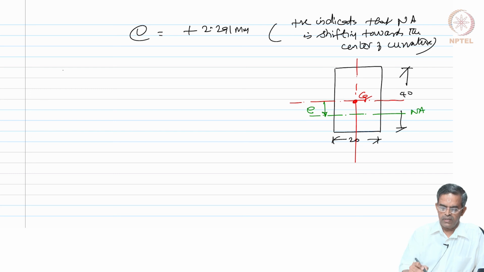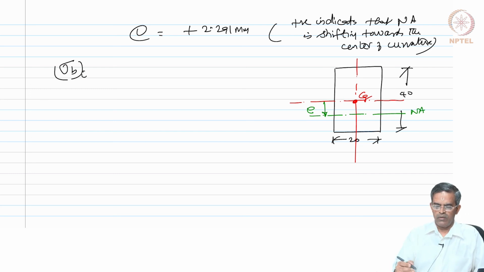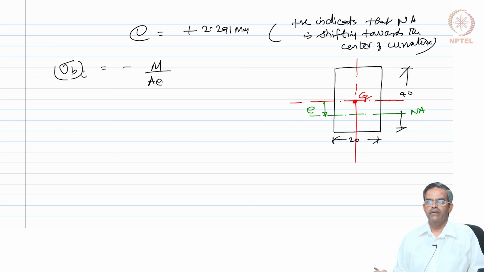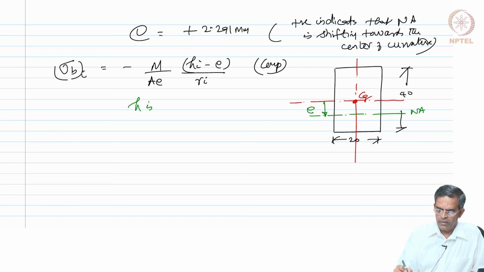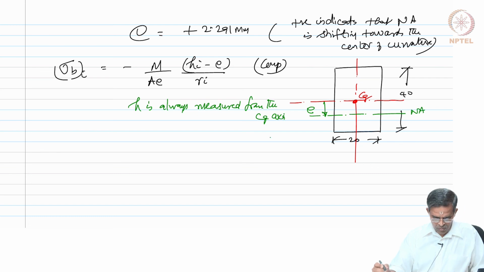And for finding out the stresses for intradas, we know the equation, which is minus m by A e, h i minus e by r i, which is compressive. Remember, h is always measured from the centroidal axis, not from the neutral axis, please understand that. So, let me substitute that.